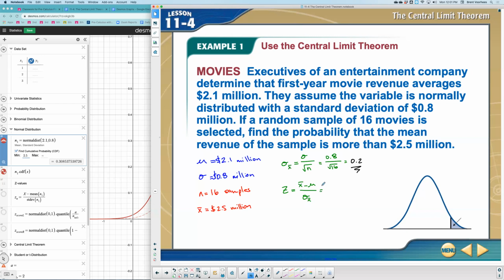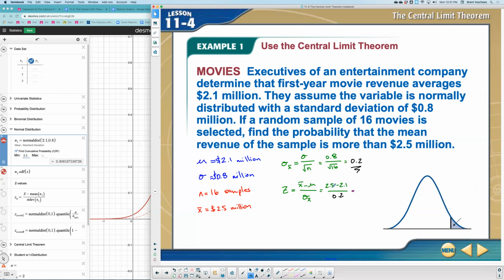So I would have x bar is 2.5 million minus the mean, which is 2.1, all divided by the standard error, 0.2. Let me change this to black so you can see where I'm getting this, 0.2. Okay, so what is this value going to give us?